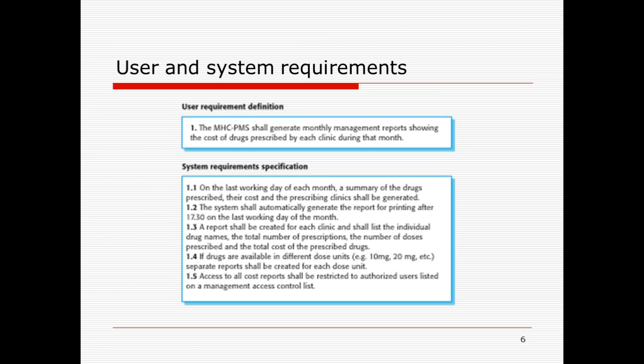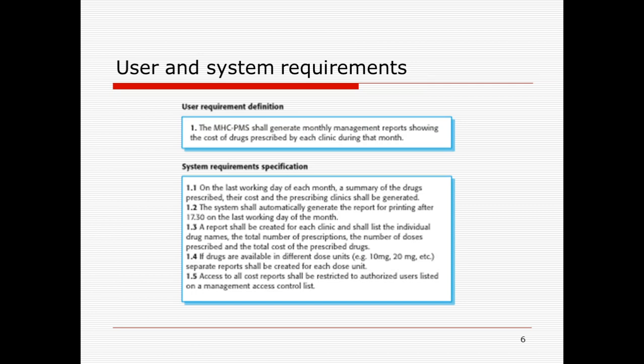1.2 is: the system shall automatically generate the report for printing after 17:30, that is 5:30 in the evening, on the last working day of the month. 1.3 is: a report shall be created for each clinic and shall list the individual drug names, the total number of prescriptions, the number of doses prescribed, and the total cost of the prescribed drugs.